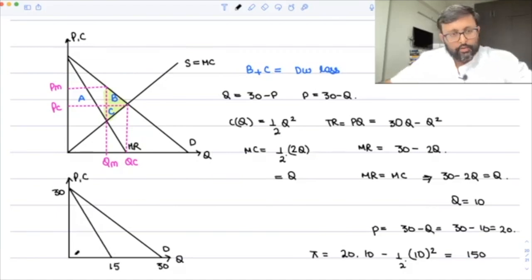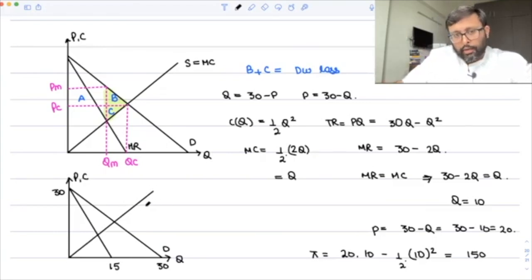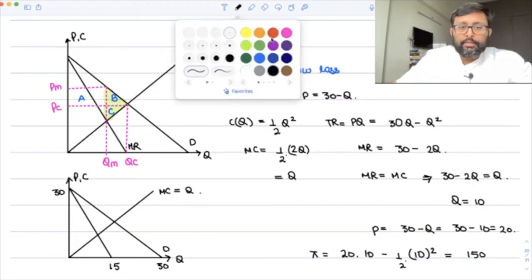MR like this. Your MC is equal to Q, right? That's what my MC curve is now. Okay. So monopolist is producing at this point.